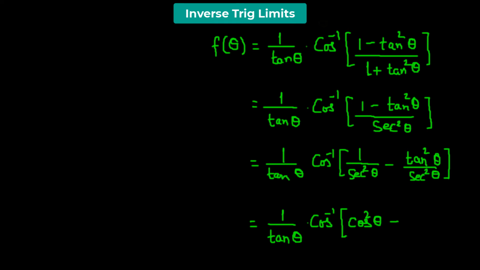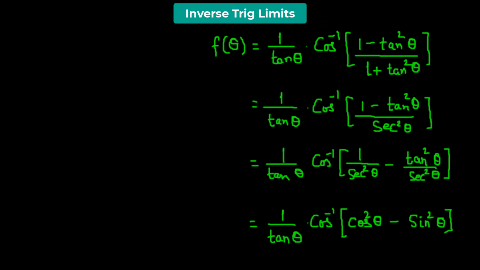Also, tangent squared theta will be the ratio of sine squared theta over cosine squared theta, and secant squared theta is 1 over cosine squared theta. So when we substitute for tangent squared theta with sine squared theta over cosine squared theta and secant squared theta with 1 over cosine squared theta, we're going to get sine squared theta.